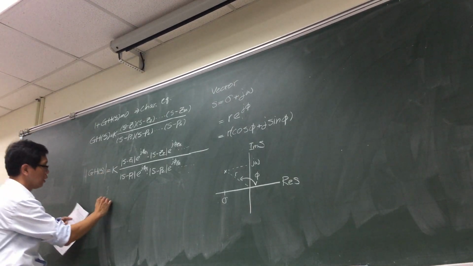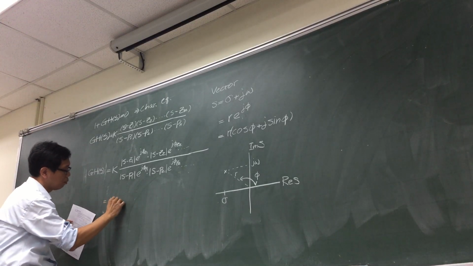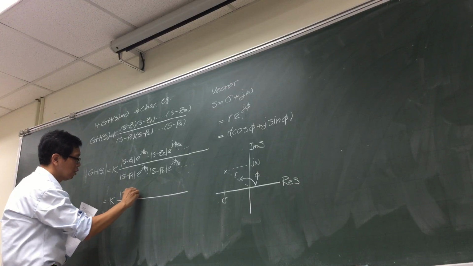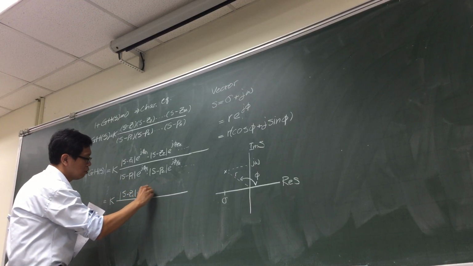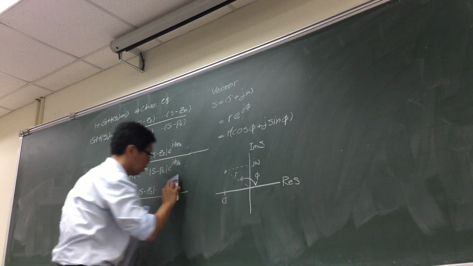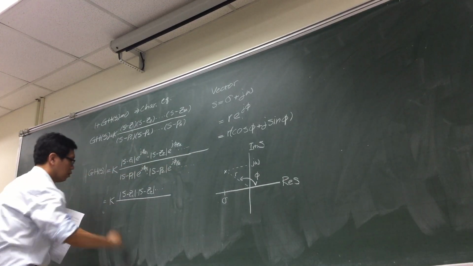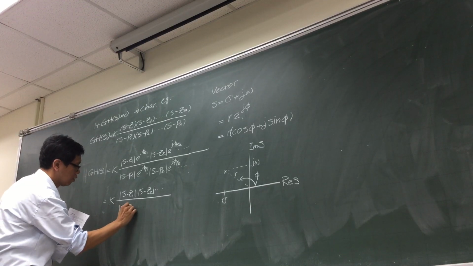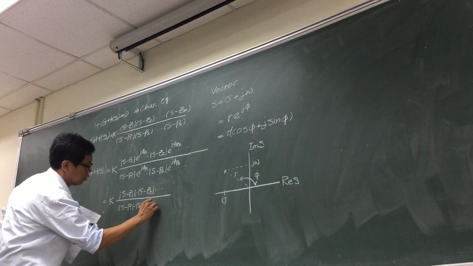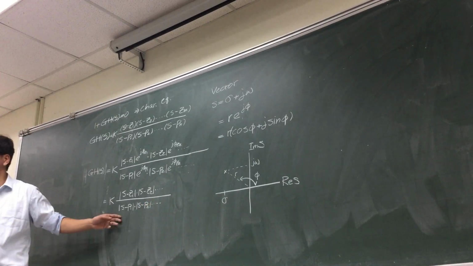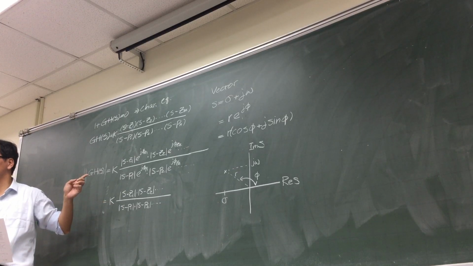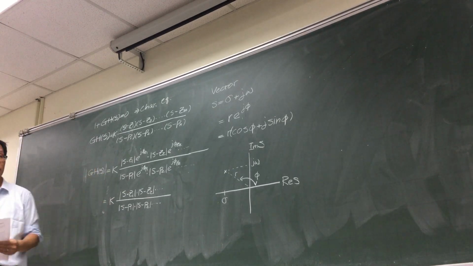If we do everything, we can separate that into two parts: s minus z1, s minus z2. I still miss something, which is the phase, or the exponential part over here.